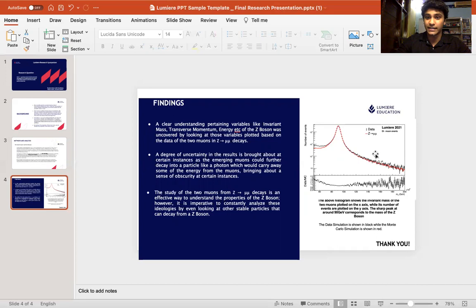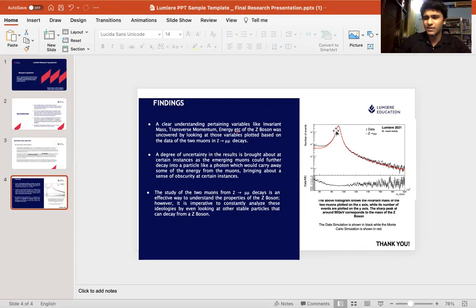And hence we take this value, 90 GeV, to be the value of the Z boson's invariant mass. Because in a particle decay, when the Z boson decays, its mass gets converted and divided amongst the two muons. And hence this should be the most accurate value for the mass of the Z boson. A similar thing was done not just for invariant mass, but for energy, momentum, and a range of other variables.